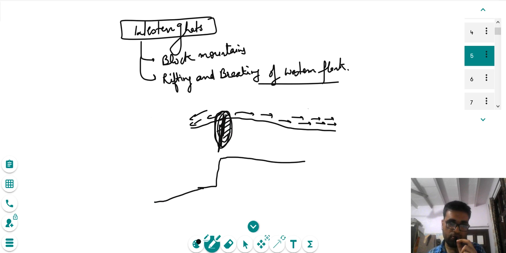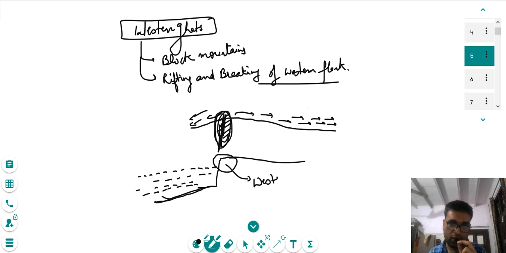And the western part of the western flank got under the water, the Arabian Sea. And this part became the Western Ghats.